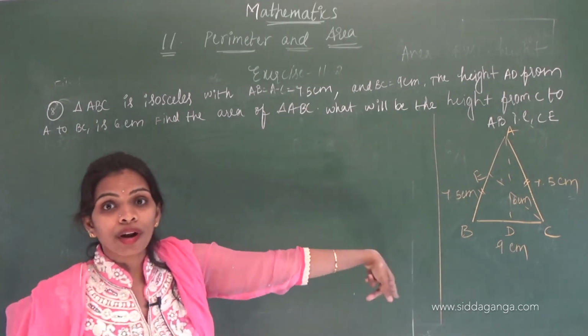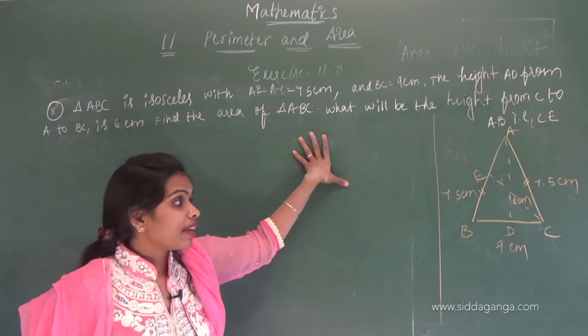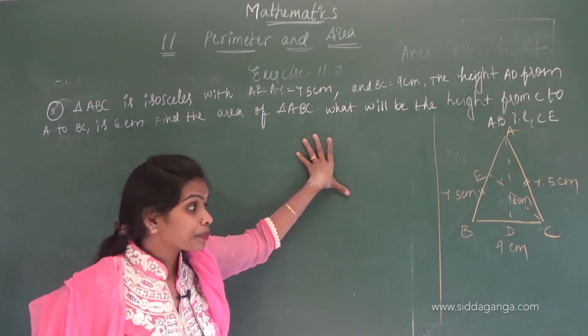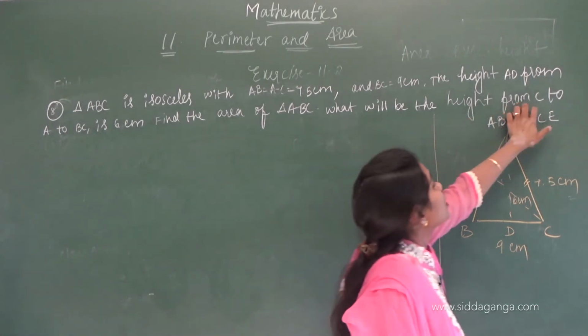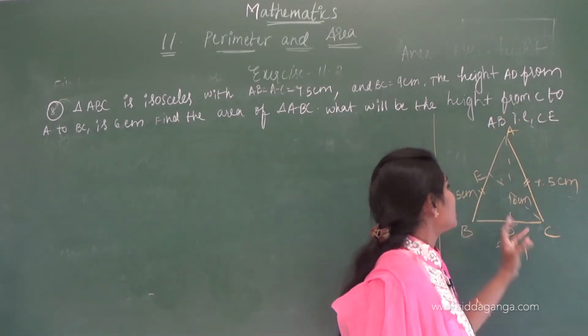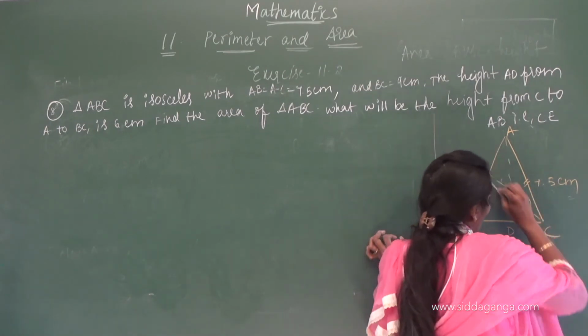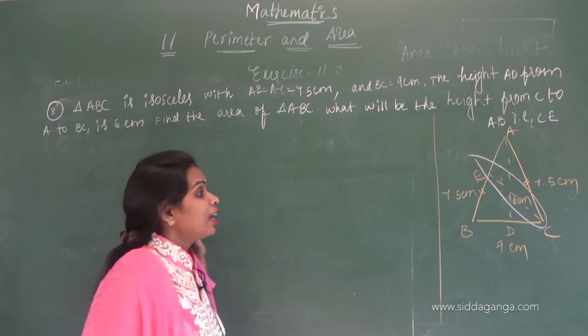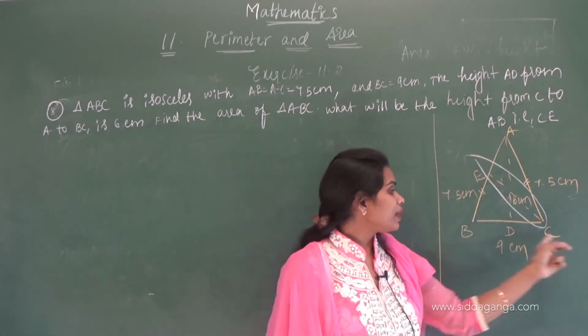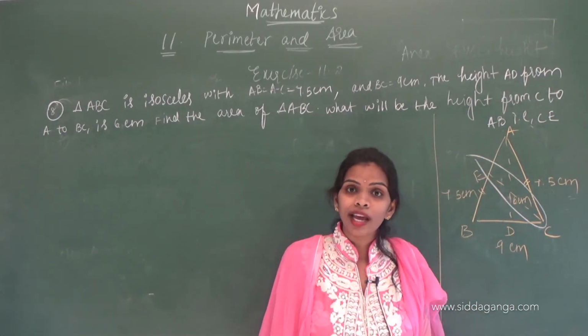Now we have to find the area of triangle ABC. What will be the height from C to AB, that is CE? We just have to find this portion, CE. If you know the AD value and BC value, then you can find the area of a triangle.